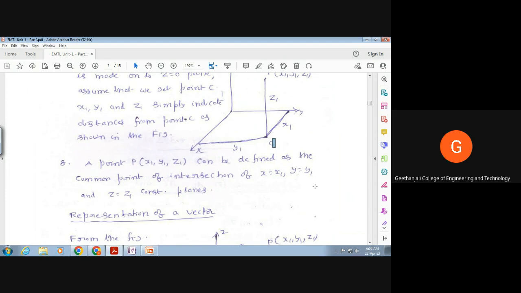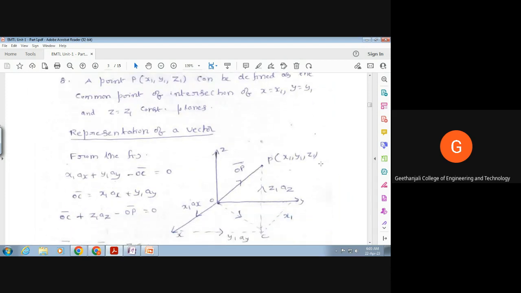For example, in the cylindrical coordinate system, a point is represented by giving the coordinates rho, phi, and z. So, if there is a point P with coordinates rho 1, phi 1, and z1, it is a common point of intersection of rho is equal to rho 1 constant, phi is equal to phi 1 constant, and z is equal to z1 constant surfaces.